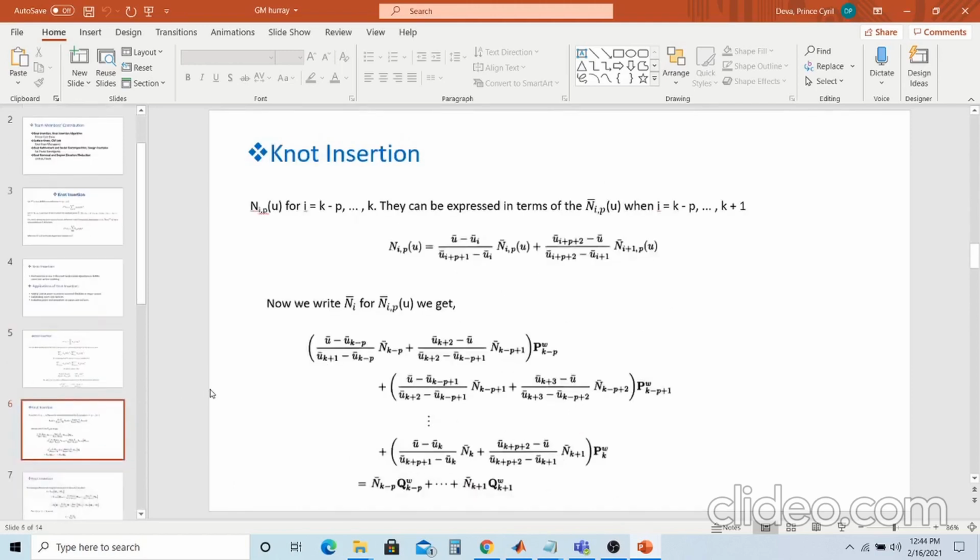If we express N bar for a range of i, we can arrive at the equations shown here.